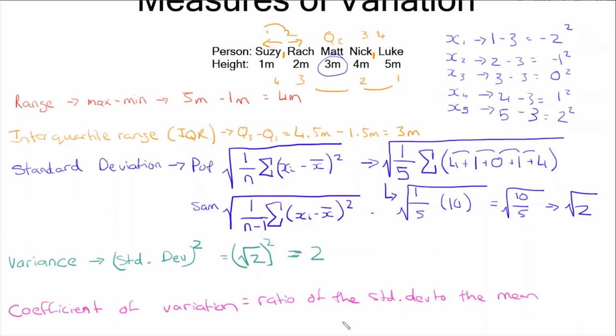So in our case, it would be the standard deviation to the mean, and our mean was 3. I just don't want to get the numerator and the denominator wrong.